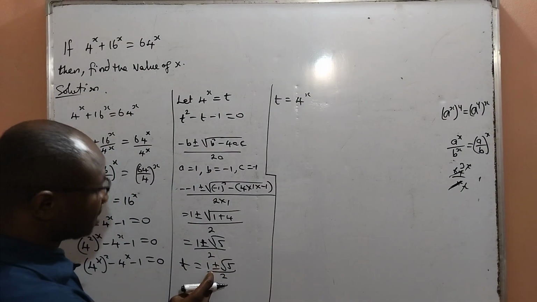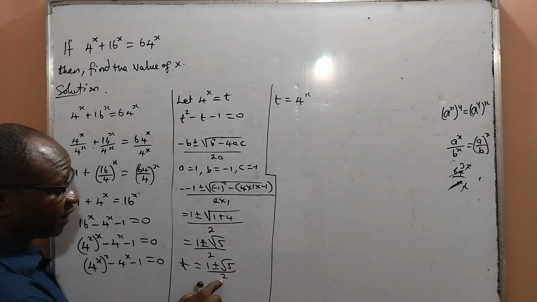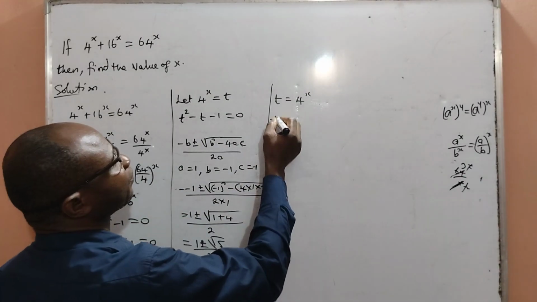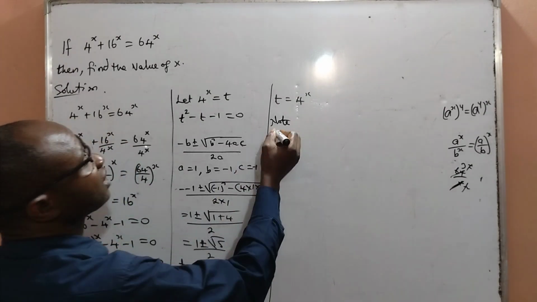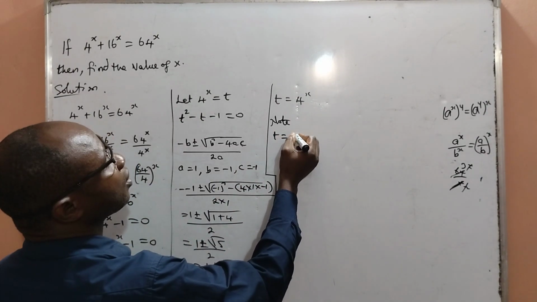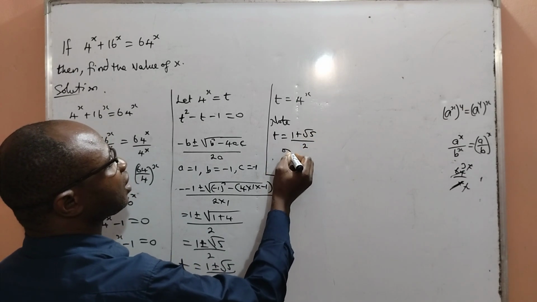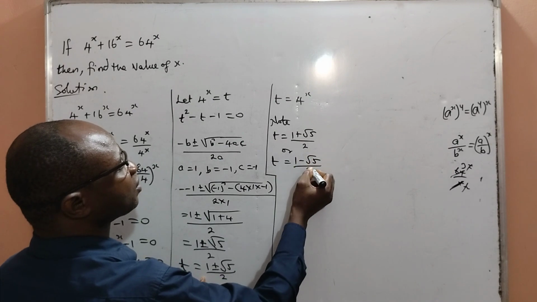Alright, but what 1 plus or minus square root of 5 over 2 means is that I can separate it. Note that t is equal to 1 plus root 5 over 2, and also t is equal to 1 minus root 5 over 2.